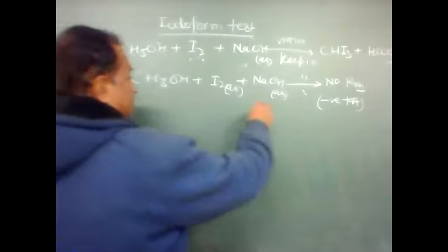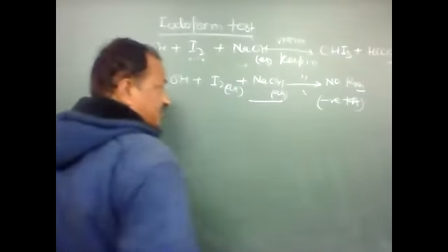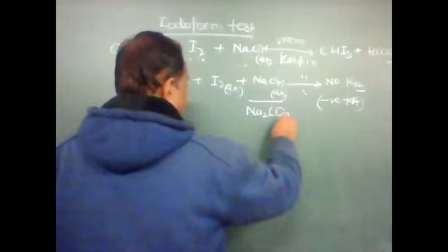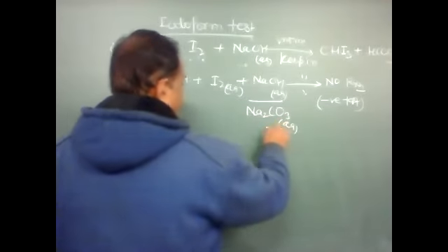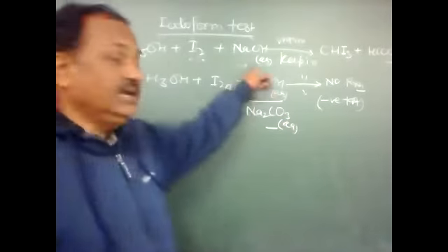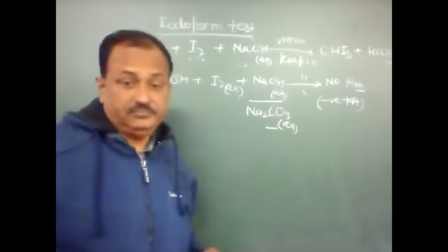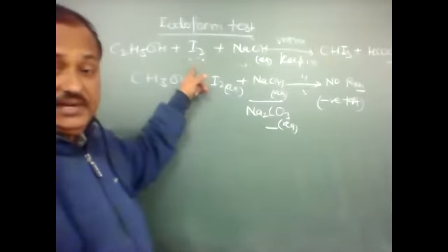The third point, in place of NaOH, we may take aqueous sodium carbonate, because the sodium hydroxide taken here is a very dilute solution. Iodine is also very dilute.